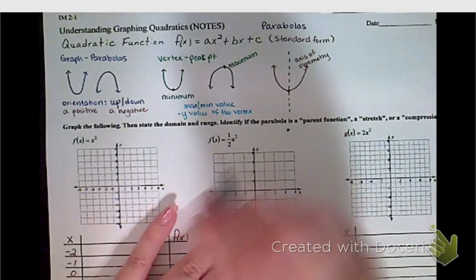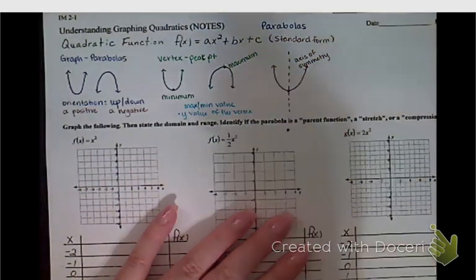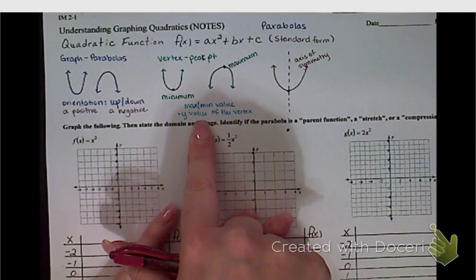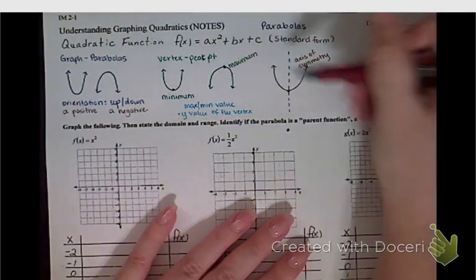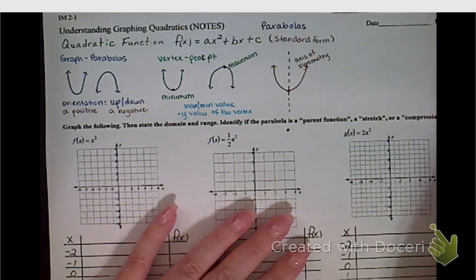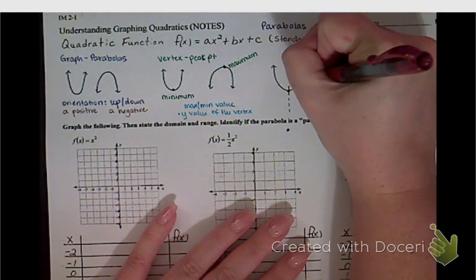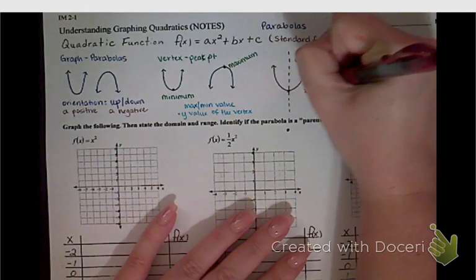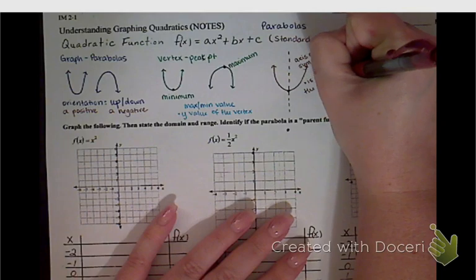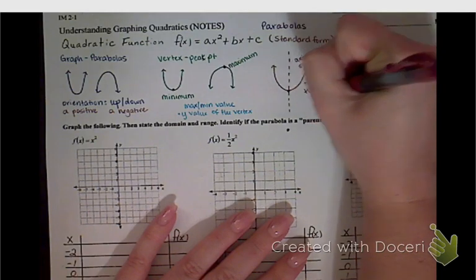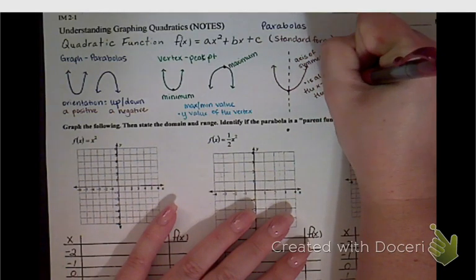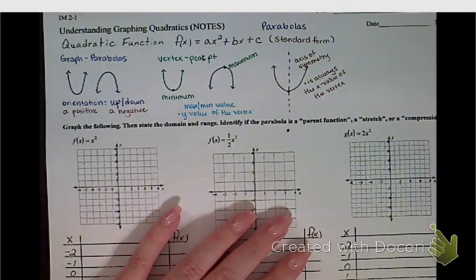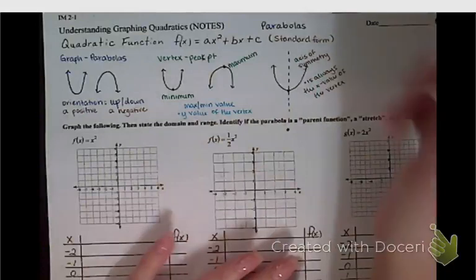Now, there's an equation for the axis of symmetry. So here, our maximum and minimum values were based off the y value of the vertex. Our axis of symmetry is always the x value of the vertex. And I said there was an equation.